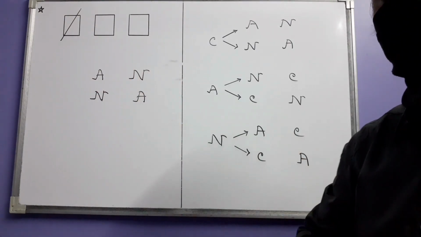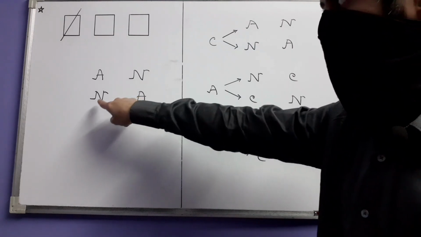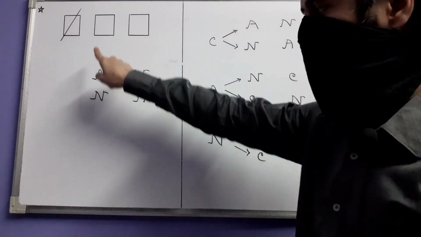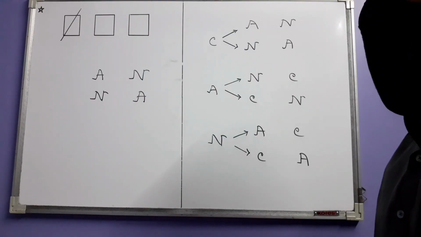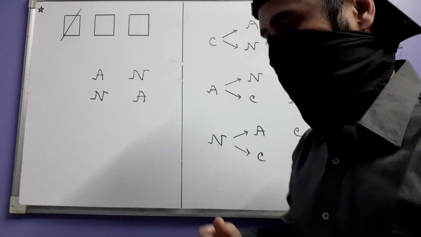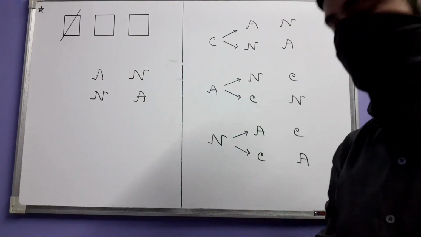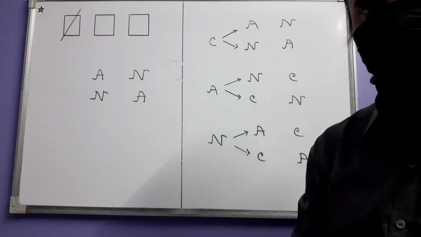So that gets fixed, it's N. Or it's the other way, you choose N for this one and you have only one letter for the third box. So it's the number of ways of filling the second box, that is 2.